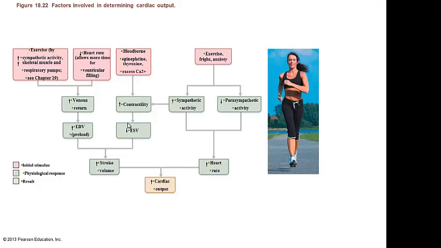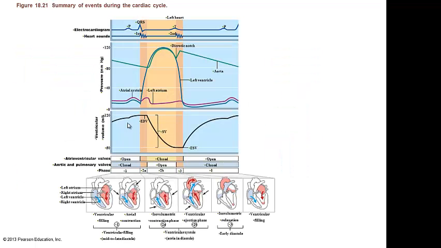Please explain the difference between end diastolic volume and end systolic volume. That's what you see here. At the end of diastole, the end of relaxation in the ventricle, it's the fullest, isn't it?